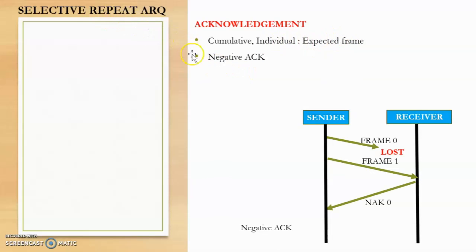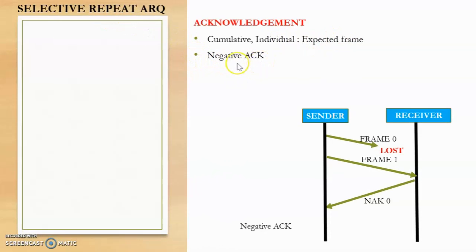Also in selective repeat ARQ, the receiver can send a negative acknowledgement. This negative acknowledgement is sent when the frame is corrupted or if the frame is lost. Now say for example, the sender sends frame number 0 and suppose frame 0 is lost during transmission.